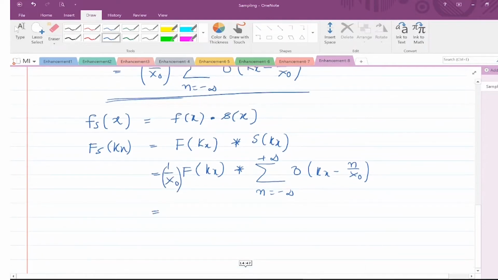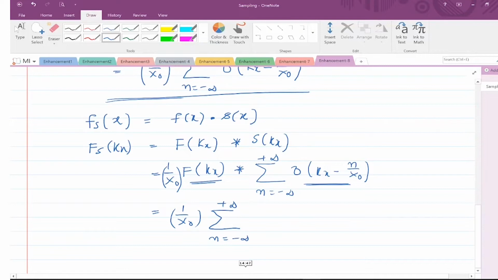Notice that in this f of kx convolution summation, I could bring the summation out, and the convolution I could take inside, and then there is a shifting property here. Convolving a function with a delayed impulse will eventually delay the original signal by the same value. So use that property there, which would give me both the interchange of summation and convolution.